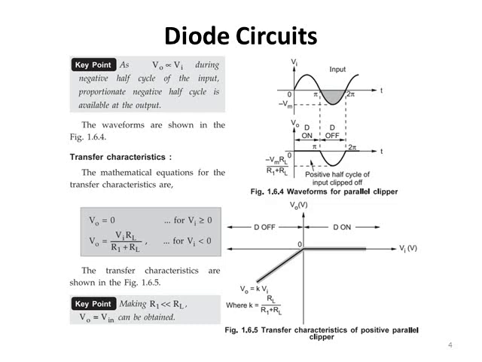So as output is directly proportional to the input during the negative half cycle of the input, the proportionate negative half cycle is available at the output. So the output waveforms are shown in the figure. In this figure we can see that the positive half cycle is clipped off, only the negative half cycle is appearing across the output.